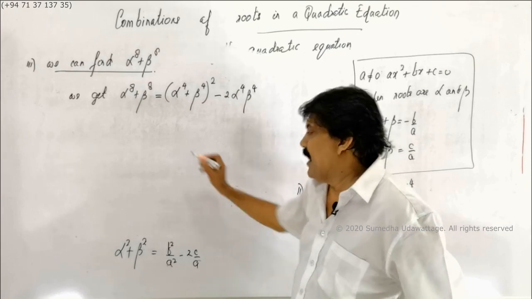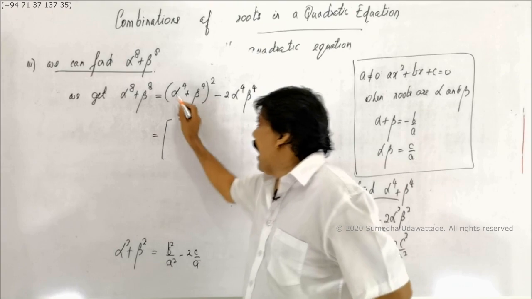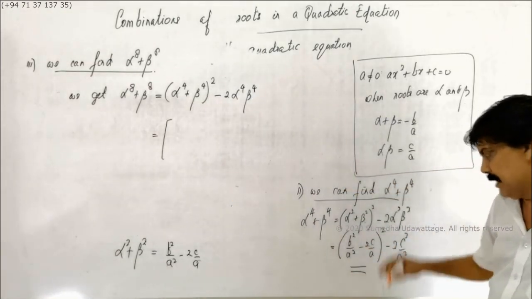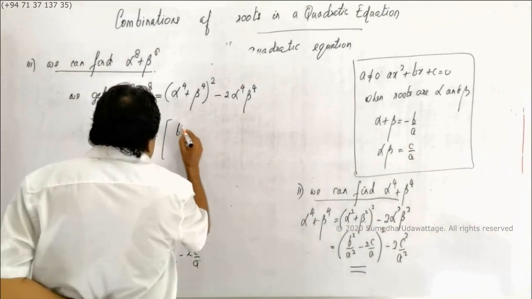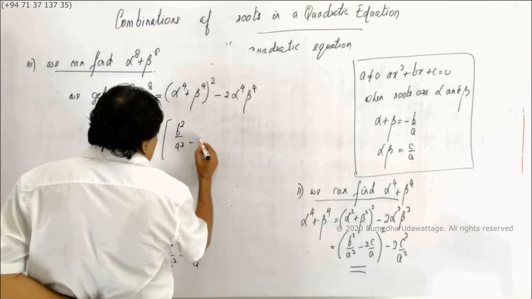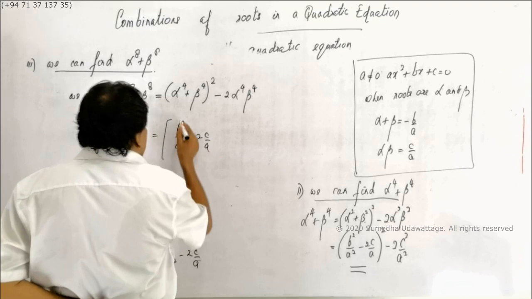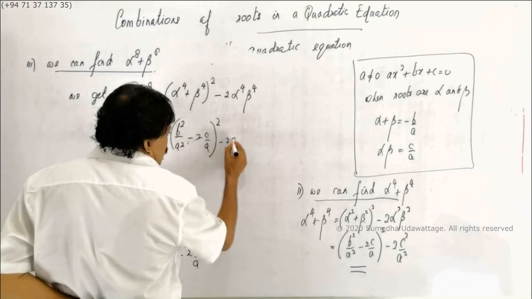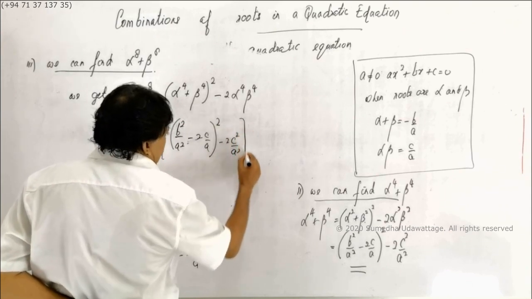Then it would be: alpha 4 plus beta 4 is this part of expression. It is b square minus a square minus 2c over a, complete thing square, minus 2c square over a square.